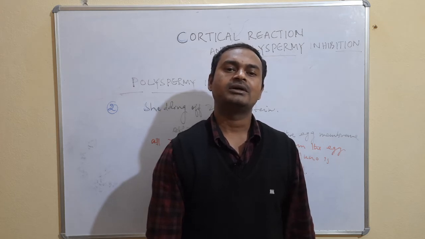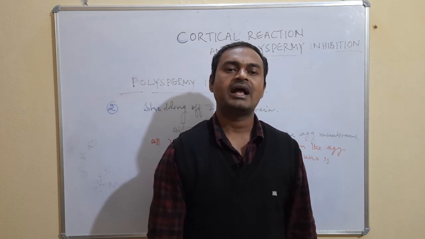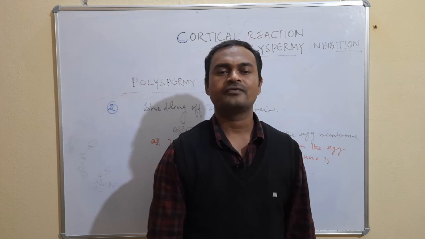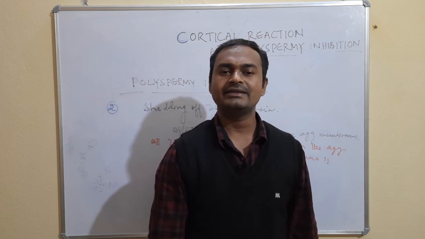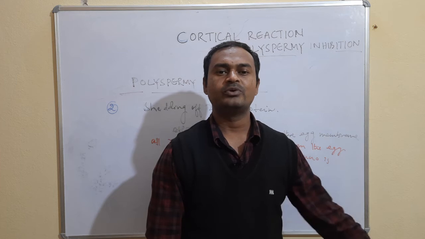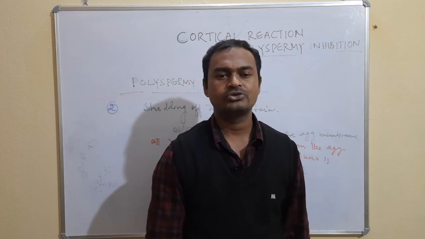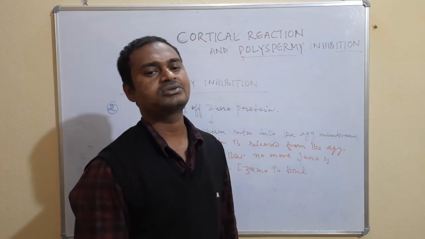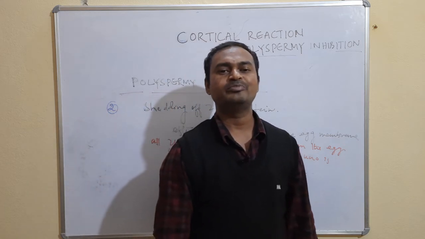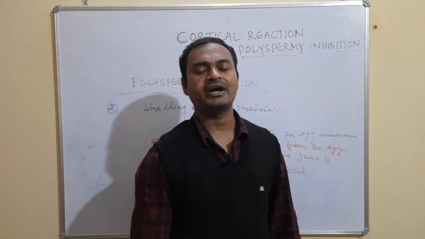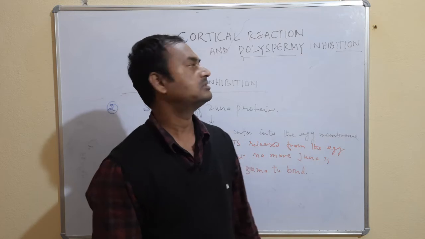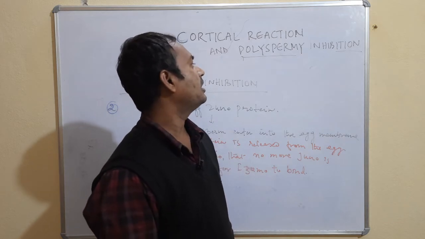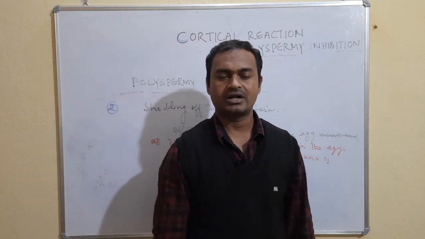In this way the sperm could not bind and fertilize the ovum, and the polyspermy could be stopped. So we have come across the three barriers the nature has provided to the cell so that it does not allow polyspermy to occur.